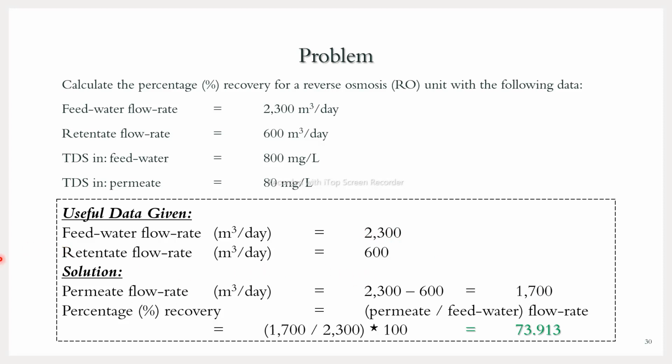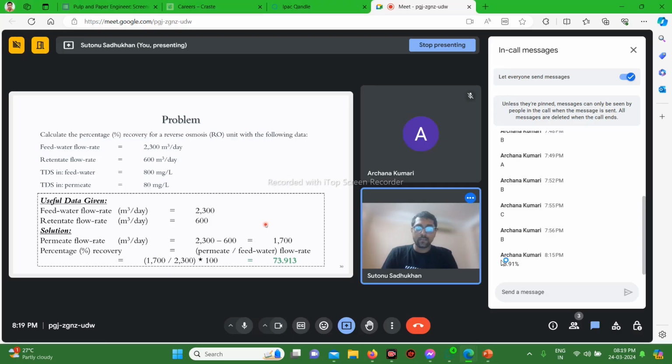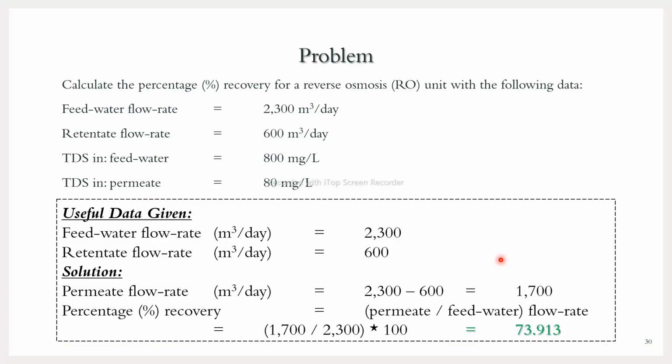You are concentrating the fruit juice, then the recovery will be your retentate divided by the feed flow rate. But it is not so in this case. It is water flow rate, right? Not fruit juice. So your focus is based on the permeate whenever you are calculating the recovery percentage, right? Okay.